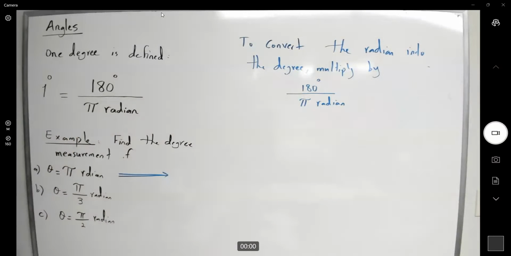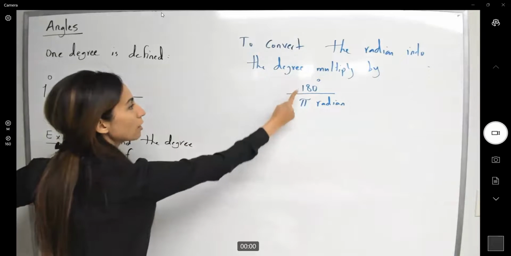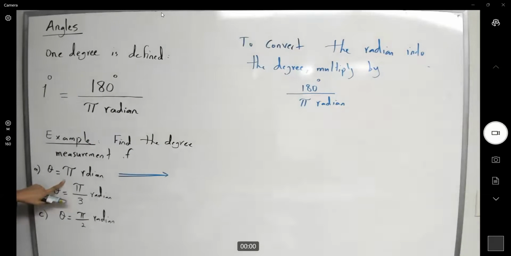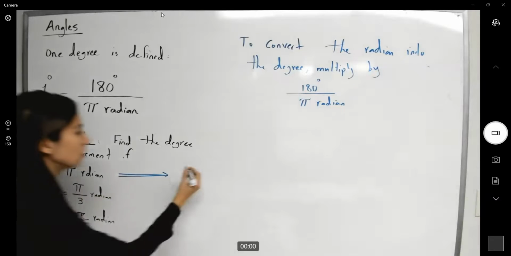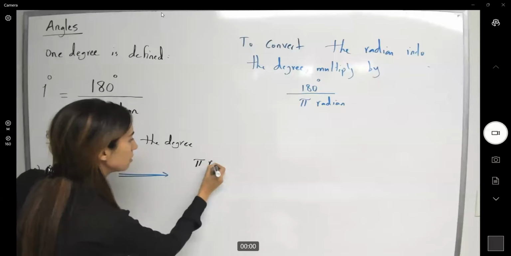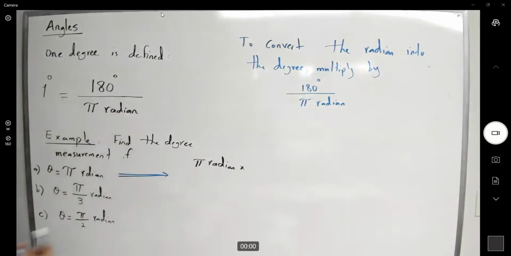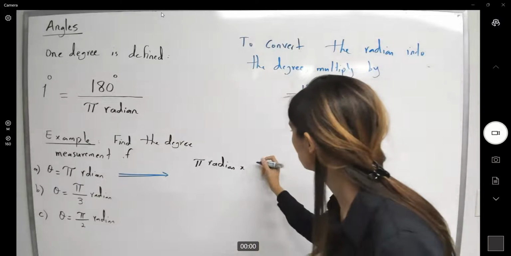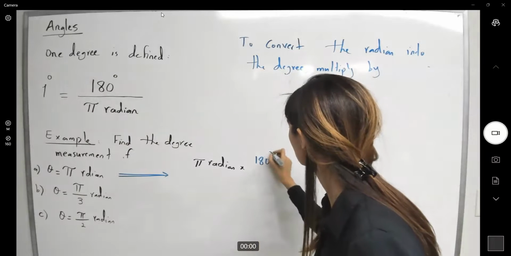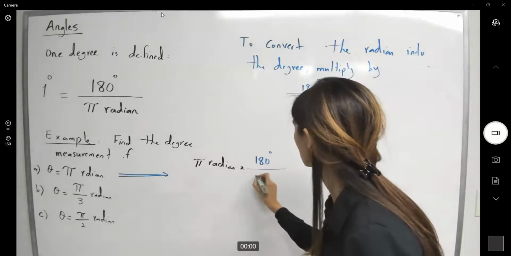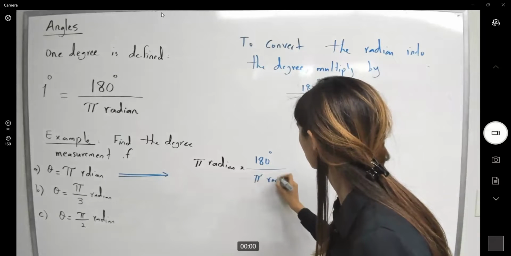The first one, we take pi radian and multiply by 180 degrees divided by pi radian. I'm going to copy this down. Pi radian times 180 degrees, divided by pi radian.